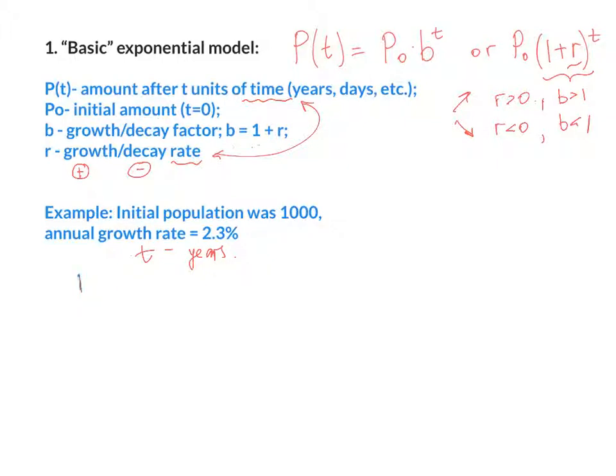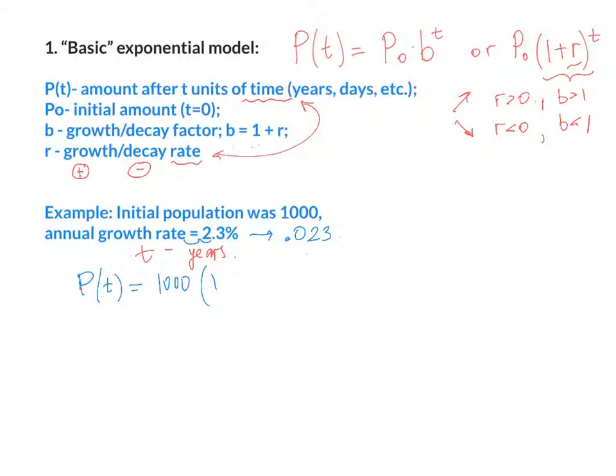Okay, so P of t equals, so the initial amount is 1,000. Now, I need to convert percent to a decimal. So I'm going to move my decimal point 2 spaces, so it becomes 0.023.